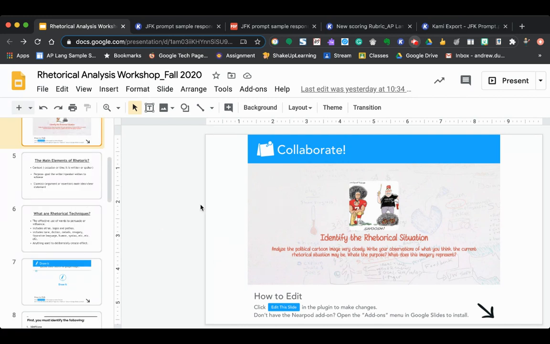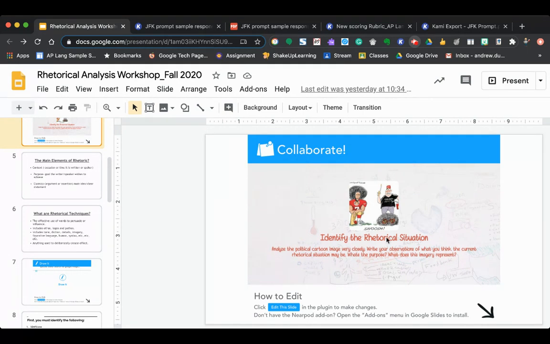Okay, we're back. So in this image, what we're looking at is a very controversial issue with Colin Kaepernick, an NFL player, and there was this controversial political movement about kneeling for the Pledge of Allegiance. Your goal here was to analyze the political cartoon image very closely and write your observations of what you think the current rhetorical situation is.